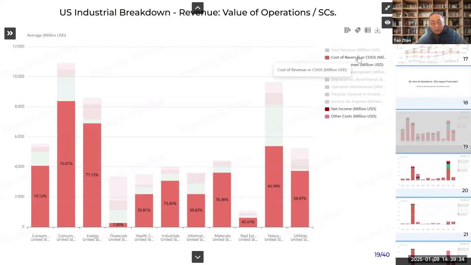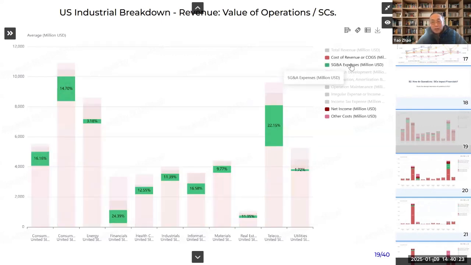Out of these 11 major sectors, in 8 industry sectors, the cost of goods sold accounts for more than 50% of the revenue. So we can see that financials is not, and real estate and telecom, cost of goods sold accounts for less than 50% of revenue. But for all the others, cost of goods sold accounts for more than 50% of the revenue.